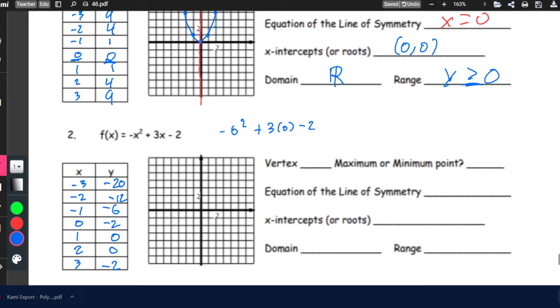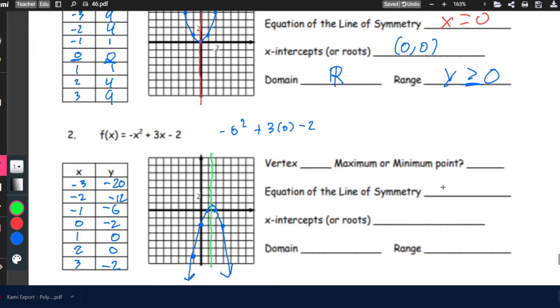And when we graph this, we have 0, minus 2, then 1, 0, and 2, 0, and then 3 is minus 2 again. Minus 1 is at 6. So our graph is going to look something like this. If we draw our line of symmetry, it's in between the points x equals 1 and 2.